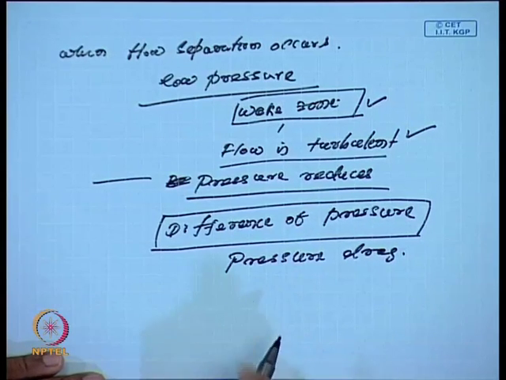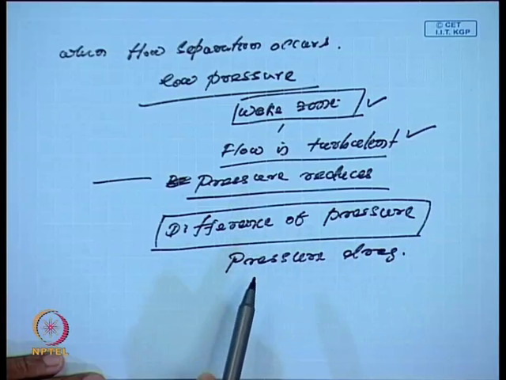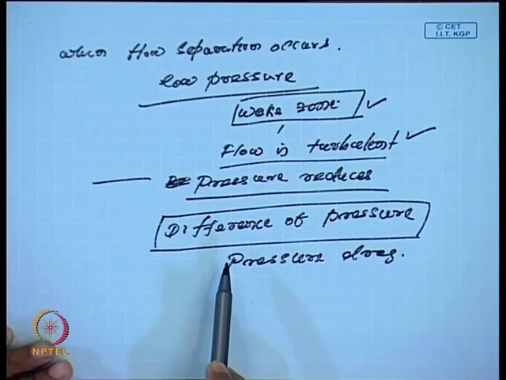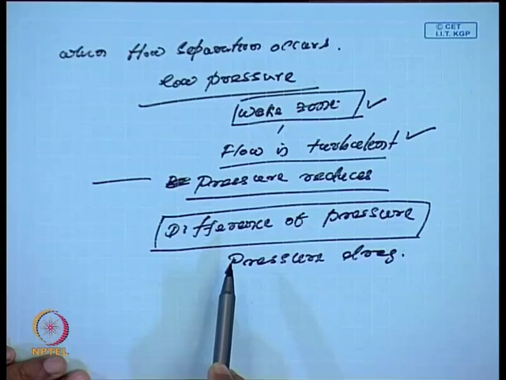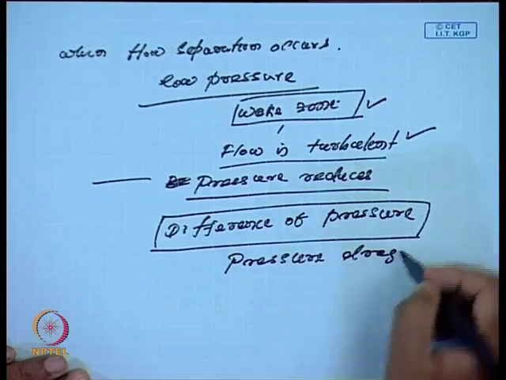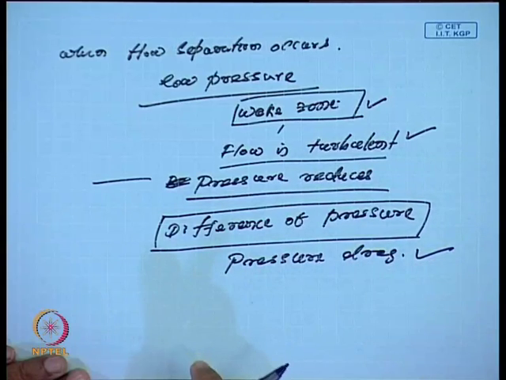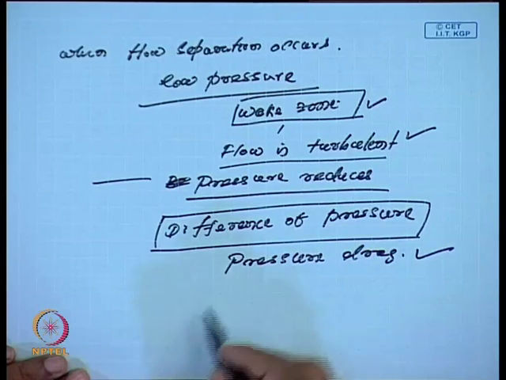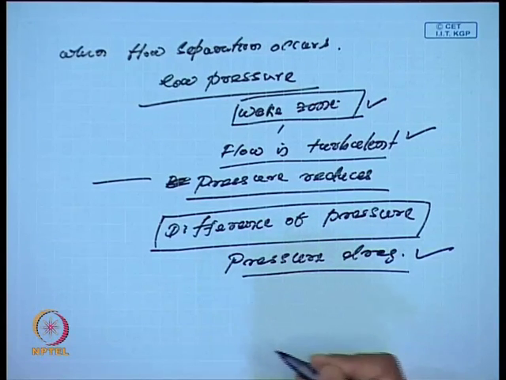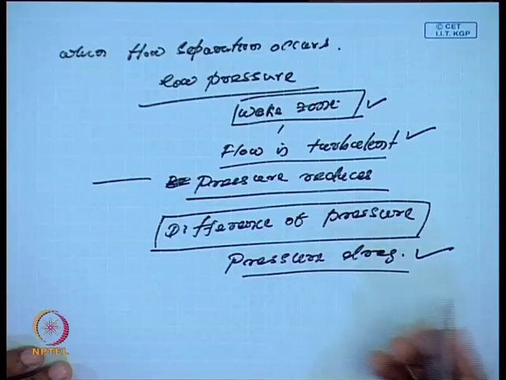The pressure on the front side becomes higher than on the back side, and the force arising due to this pressure difference is basically called the pressure drag. This pressure drag depends on the shape of the structure, basically the form of the body.